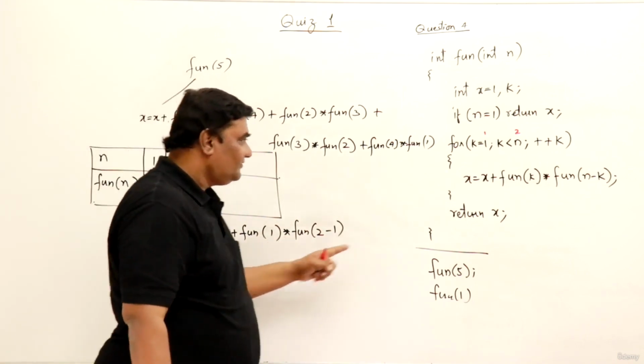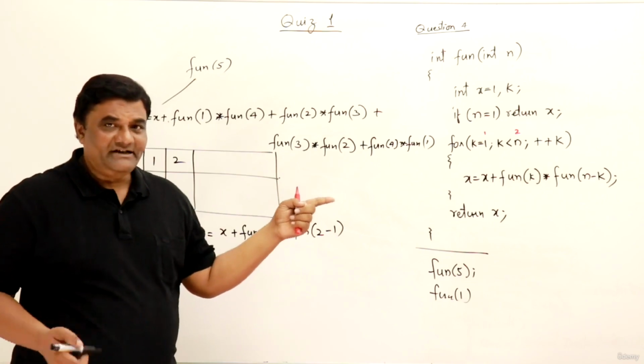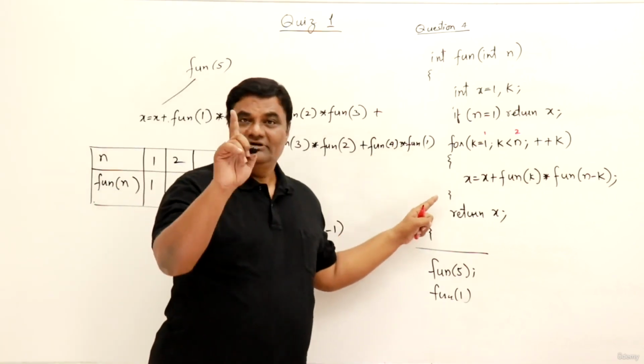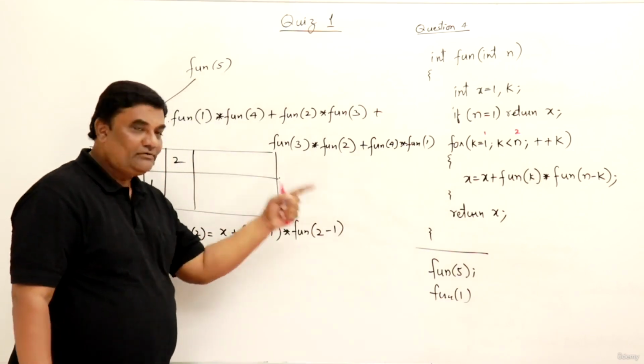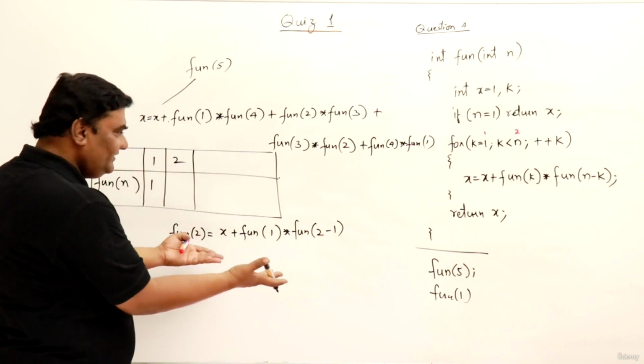Just observe that, there is nothing to explain. You have to read and understand it. This for loop will repeat for only one time, that's all.